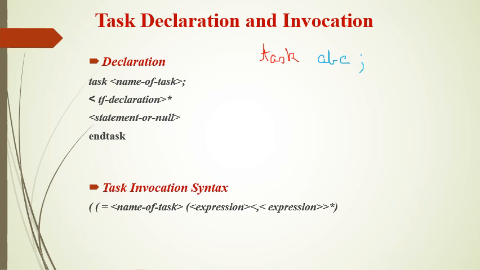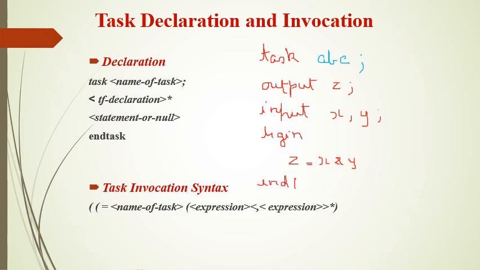Then I will have input and output arguments declared, say output Z and input X and Y. Then I have begin and the statement inside the task, say for example Z equal to X and Y. And then you have this endtask. So this is how you declare the task.